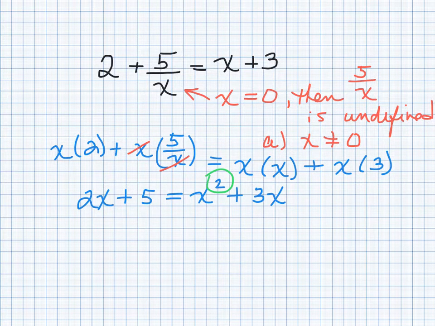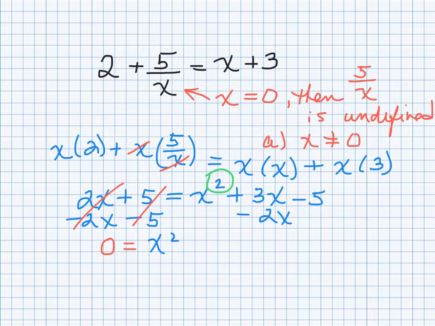We can either put the 0 on the right or the left. I'm going to put it on the left by subtracting 2x from both sides, and also subtracting 5 from both sides. So once I've done that, these cancel, and what I have on the left is the desired 0. And on the other side, I have x squared plus x minus 5.